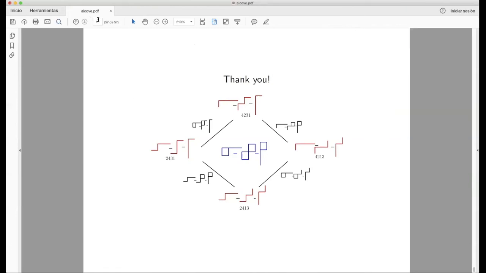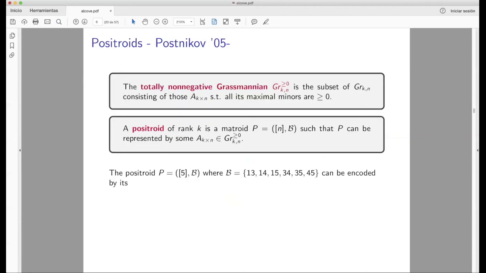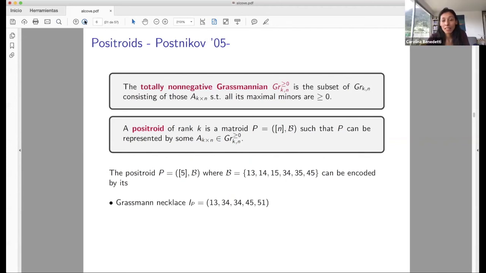Okay. You have a matrix representation here, right? Yeah. Sometimes you have, sometimes you don't. But if you have, you can have multiple representations, right? Yeah. And it's difficult to be able to find such a matrix representation. So if we want to check that something is a positroid, perhaps finding a matrix representation is not the best way.